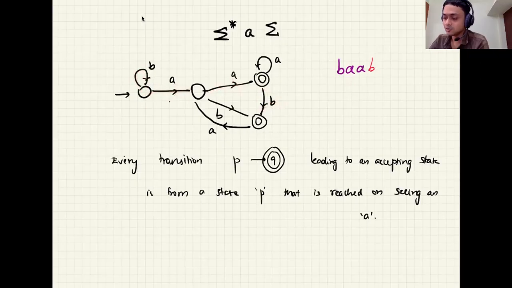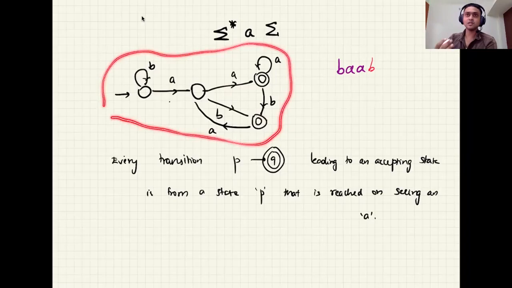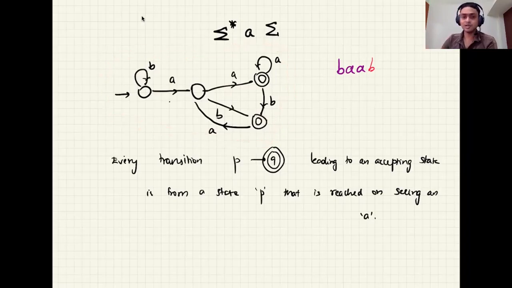So this accepts all strings of this form that end with a B. This accepts all strings of this form that end with an A. So that's the meaning of this. If you have understood, good, but if not, I'll let you meddle around with it later to see that this is actually the DFA for this language.